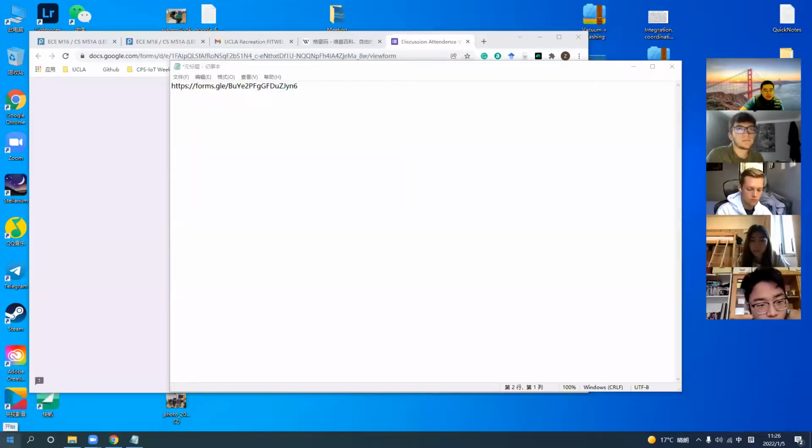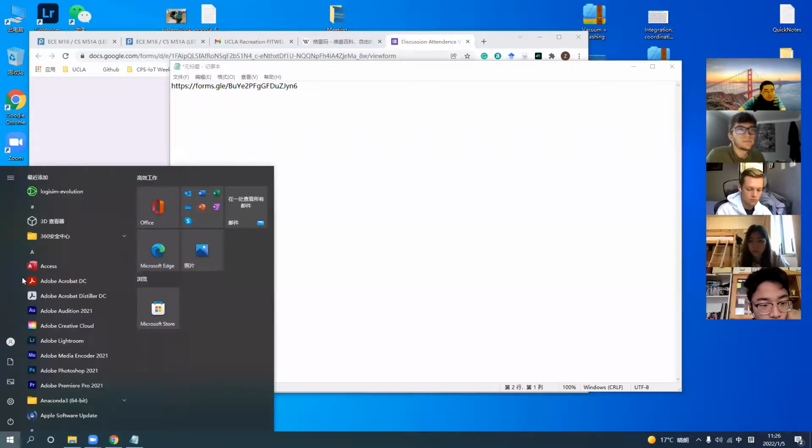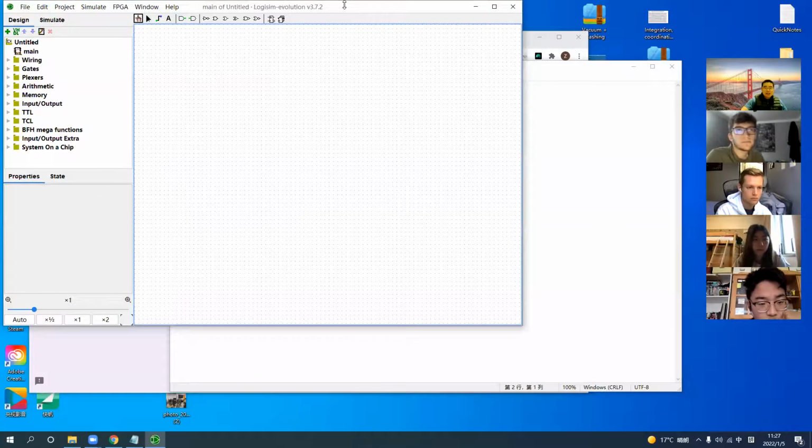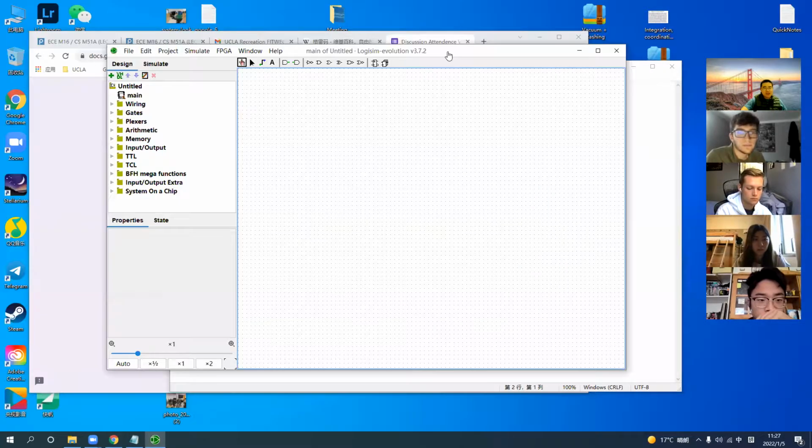So, okay, I'm going to switch to my computer and share the screen again. By the way, my desktop is a huge mess, but so, Logisim. I would say this software is very intuitive.